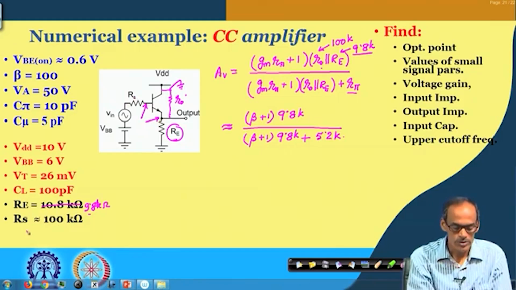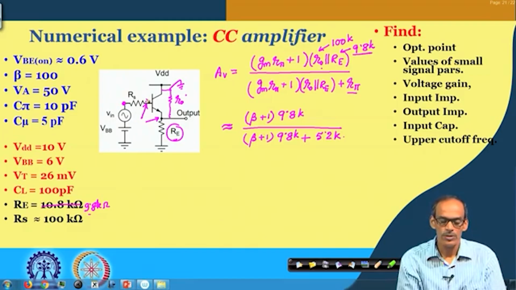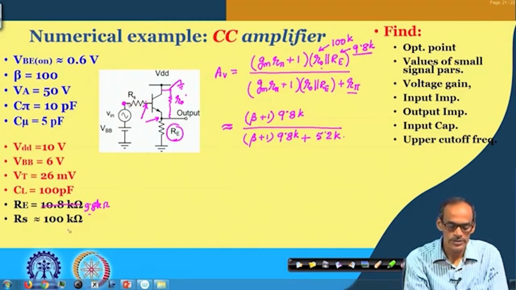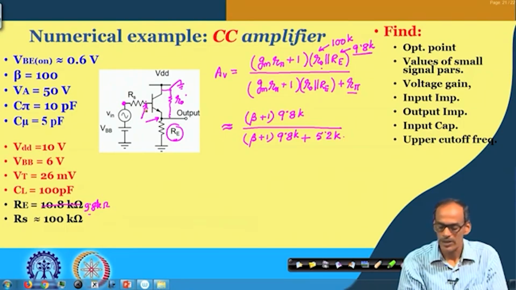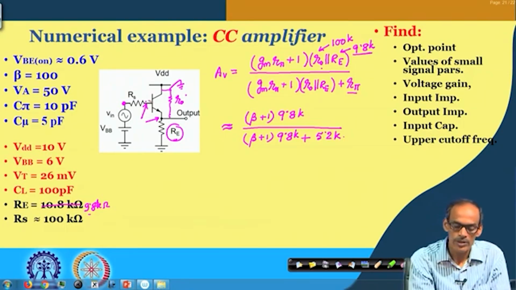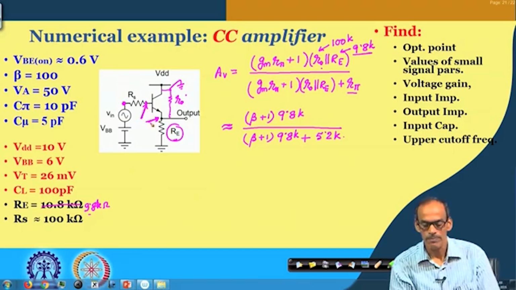We do have R S also to be considered, but attenuation of this circuit from this point to this point is expected to be very small, even though R S is 100 K, mainly because the input resistance here is very high. But anyway, we will see that. For the time being, consider the voltage gain precisely from the base terminal to the emitter terminal.